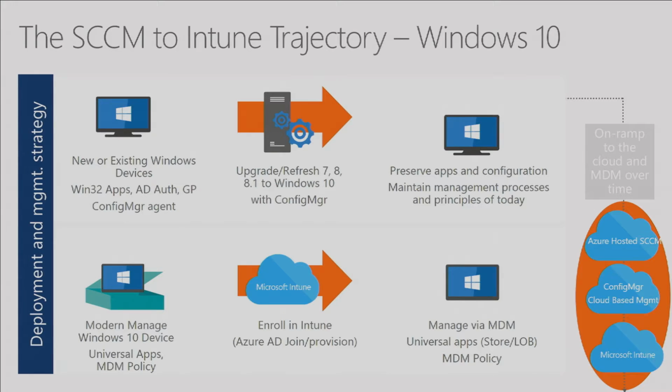You can take advantage of a good chunk of the modern management workflow by getting that client onboarded cleanly, and then flip it over to traditional management to continue the policies and apps you need without having to make a profound adjustment in negotiations with your security team or changing policy or convincing your leadership team this is the right thing to do. You can start chipping away at this problem.